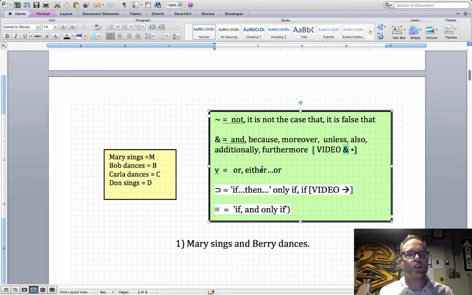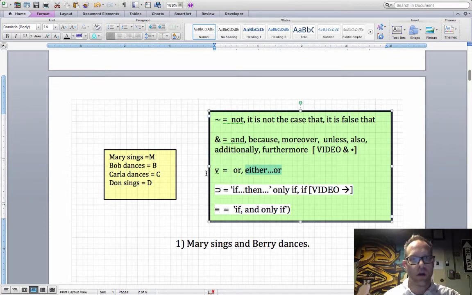Then our next logical function is a little v, but it's actually a wedge. It stands for the logical function disjunction, and that is translated into English as the word or the words either-or. So either you have peanut butter and jelly or you go hungry. It's a way to say this thing or this thing.